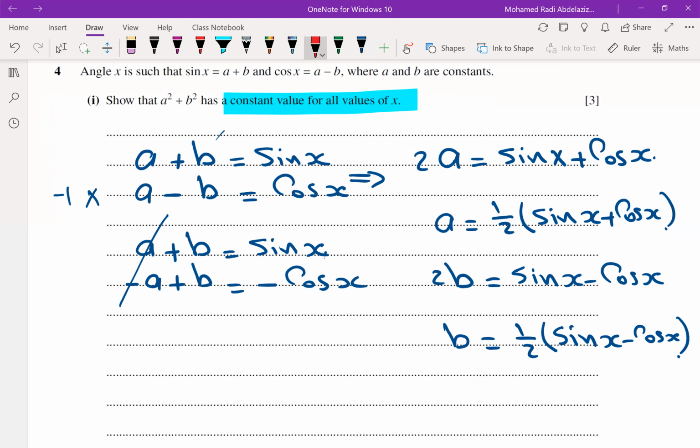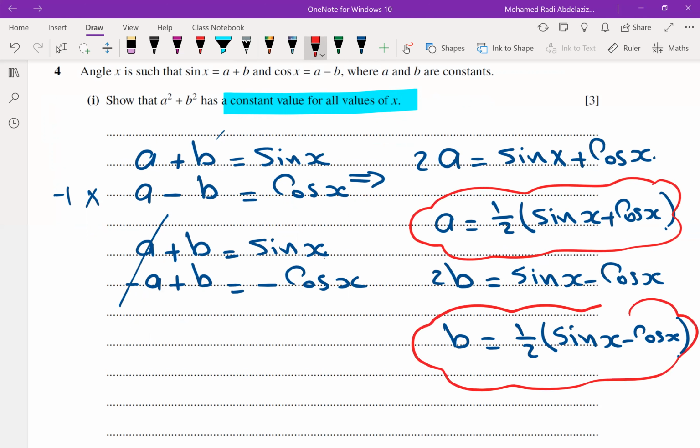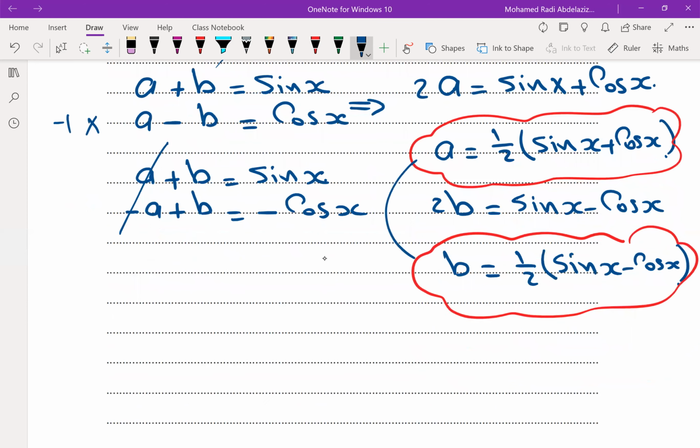Now, after finding the values of a and b in terms of sine and cosine, read the question again. Show that a squared plus b squared. We will square both, then add. You square both, then add, you will get the left-hand side is a squared plus b squared.